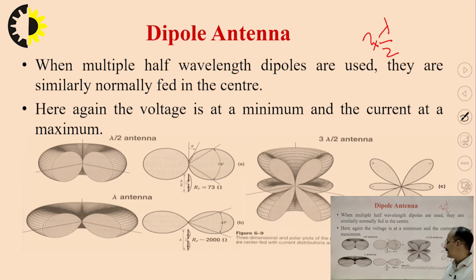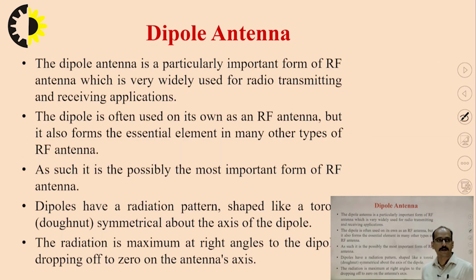These all give different radiation patterns: this radiation pattern is for the 3 lambda by 2 antenna, this is for the lambda by 2 antenna, this is for the lambda antenna. Every time the radiation pattern changes, and as per the requirement of the satellite you can use the available dipole antenna.